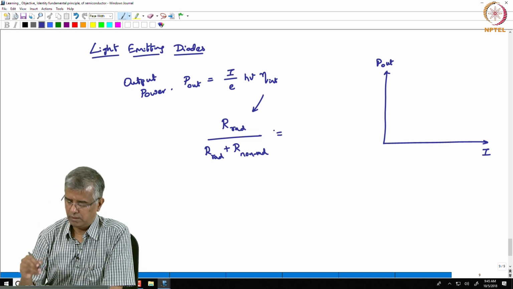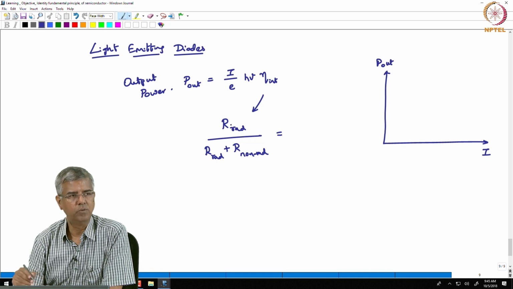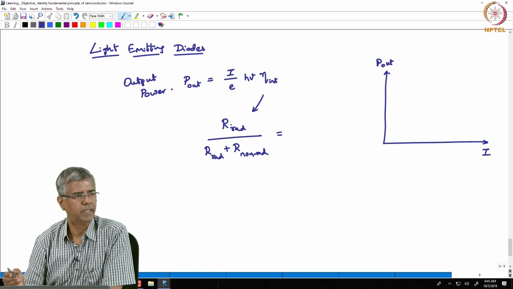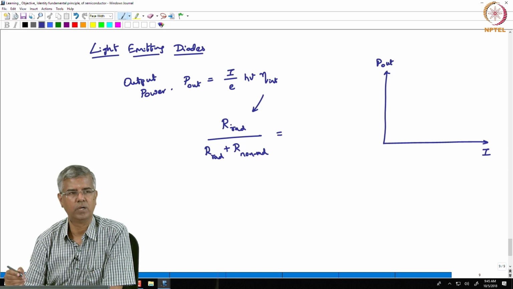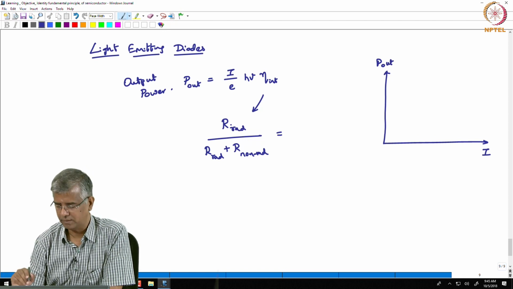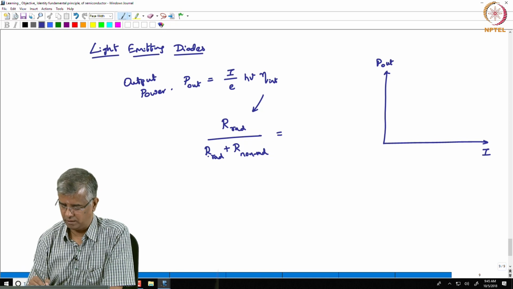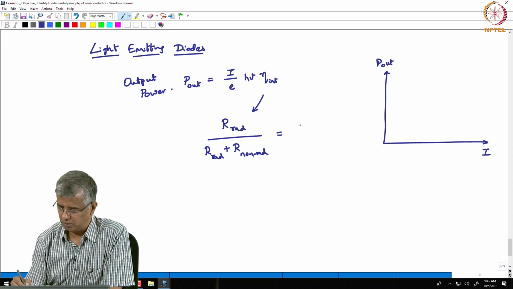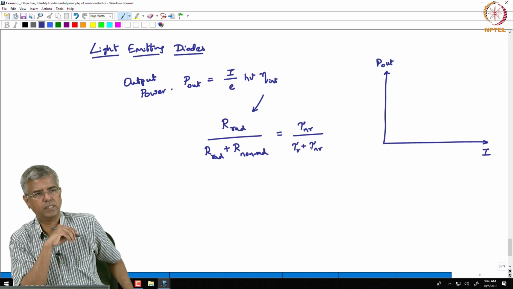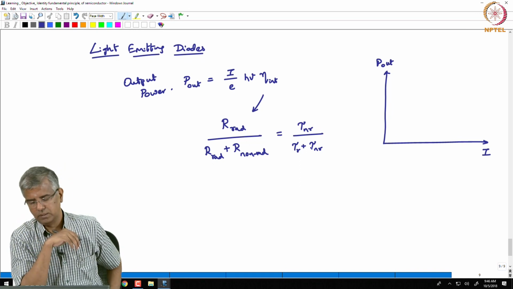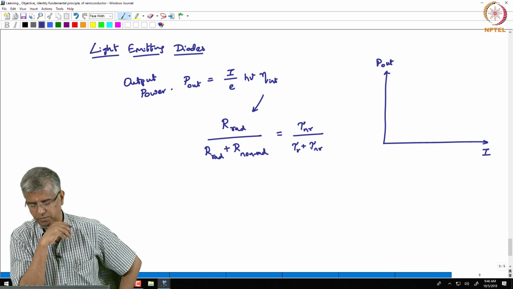And since the rate is inversely proportional to the time, you can write R rad as 1 over tau r, and similarly the denominator has 1 over tau r plus 1 over tau nr. If you put that together, you get the expression that eta int is equal to tau nr over tau r plus tau nr. We are just substituting R by 1 over tau.